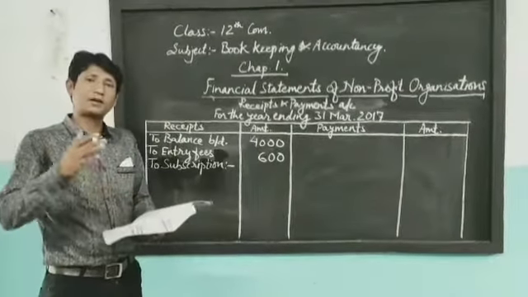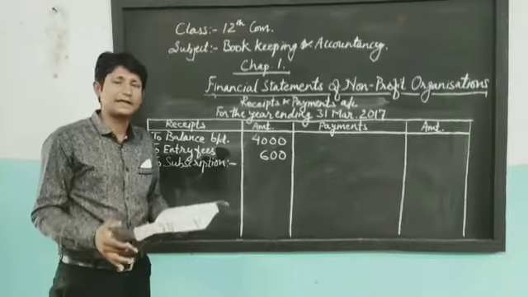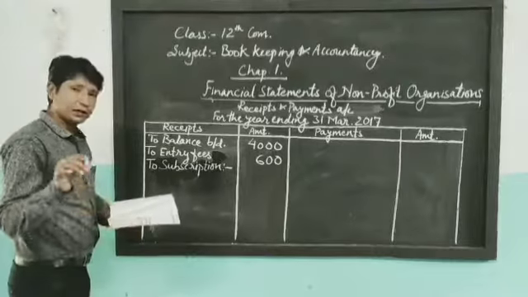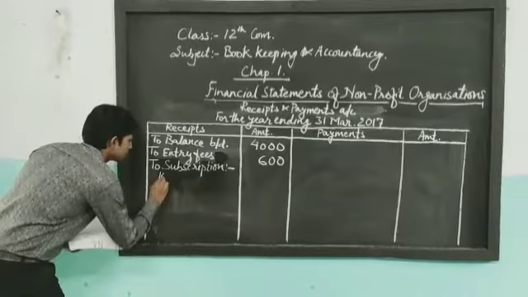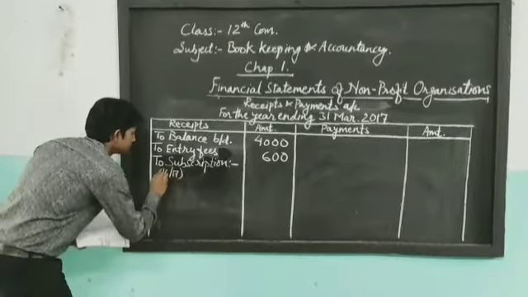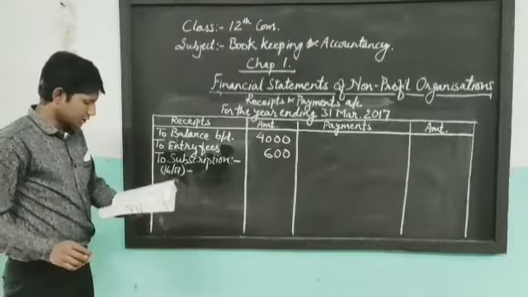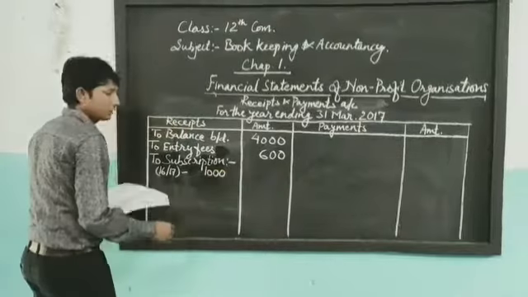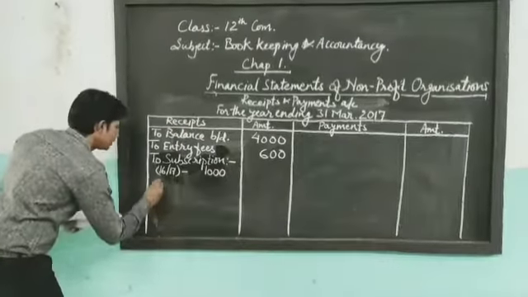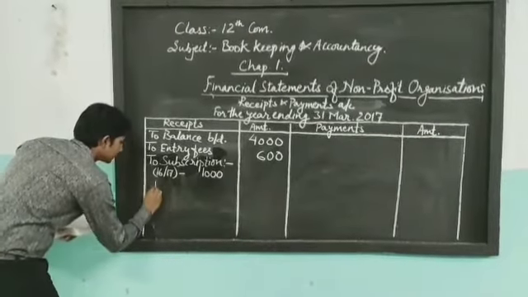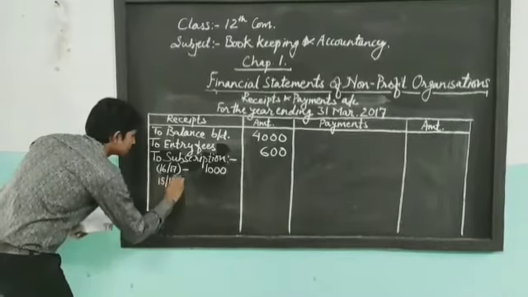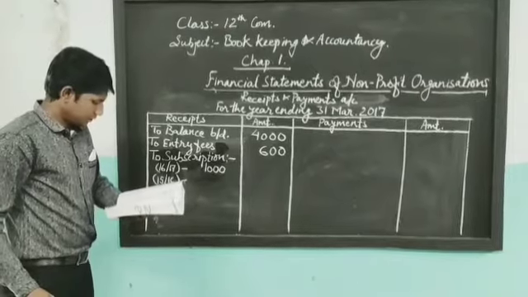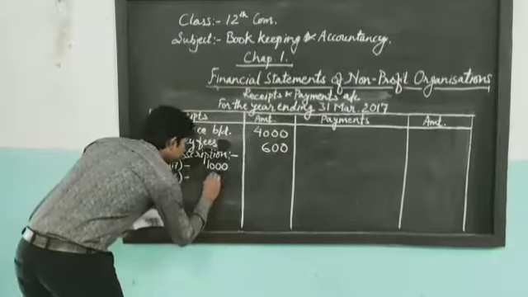It is received for the previous year as well as for the current year. So first of all, we will write for the current year, that is 16-17. The subscription was received rupees 1,000, and of the previous year, that is 15-16, the subscription is received rupees 200.